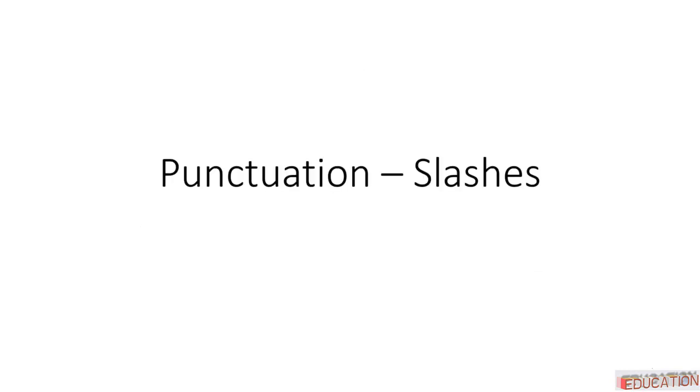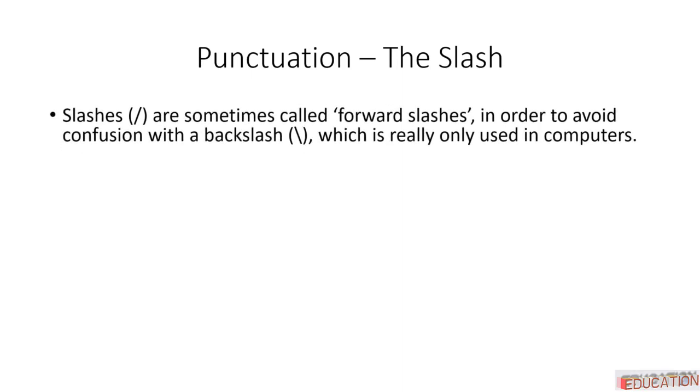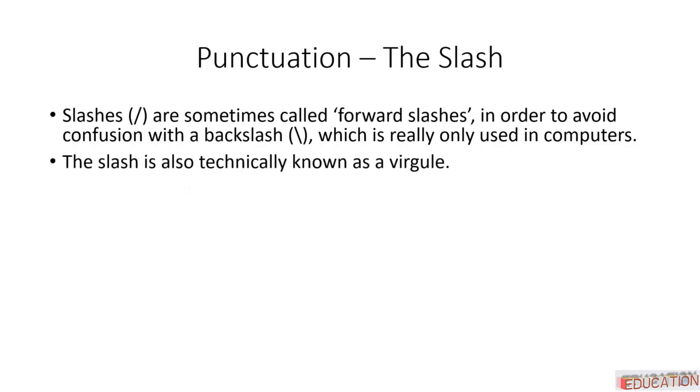This punctuation lesson is all about the slash. Slashes, shown here in brackets, are sometimes called forward slashes, in order to avoid confusion with the backslash, again shown in brackets, which is really only used in computers. A slash is also technically known as a virgule.